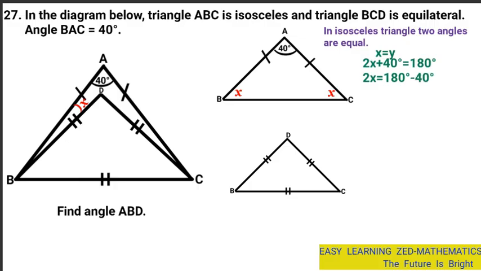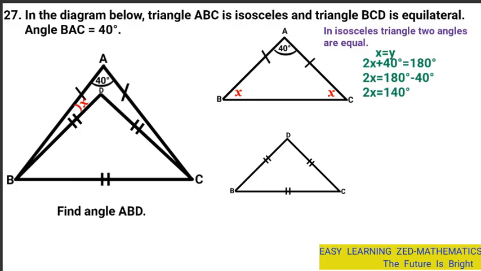Then we find the difference of 180 degrees and 40 degrees. So 2x is equal to, what is the difference? When we subtract 40 degrees from 180 degrees, we get 140 degrees.